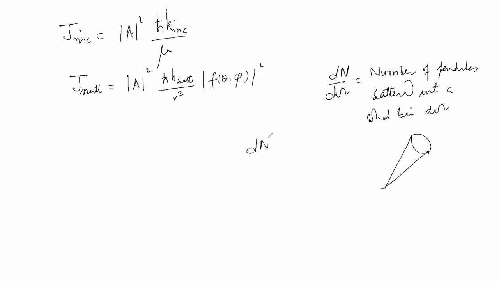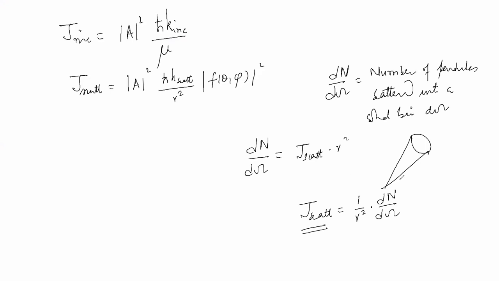That means my dn by d omega is nothing but j scattered times r square, because what is j scattered? In other words, this is 1 by r square dn by d omega.